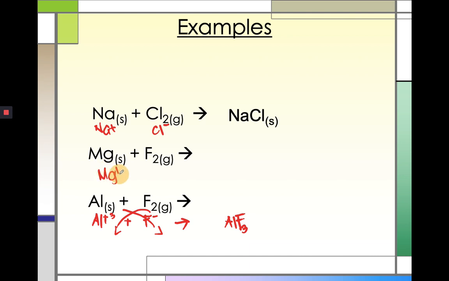Mg here is plus 2, okay, it's found at group number 2A in the periodic table. The charge of fluorine is minus 1. And therefore, if we crisscross, disregard the sign, we get MgF2. And we mentioned already AlF3. So these are examples of synthesis reactions or combination reactions. You can go as many atoms as you want here as long as the bonds will hold.